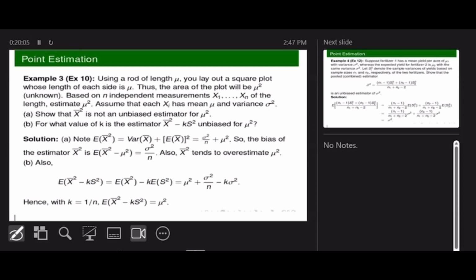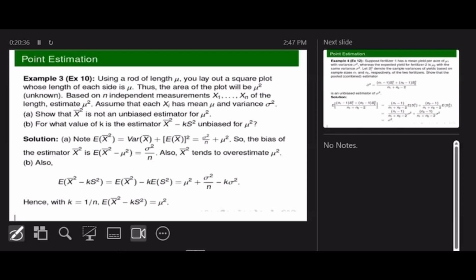Show that x bar squared is not an unbiased estimator. What we're trying to tell the world is that expected value of x bar squared is not the same thing as mu squared. And after that, for what value of k is the estimate unbiased for mu squared? Now let's get started.